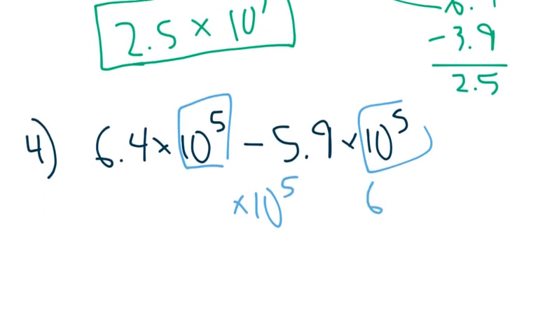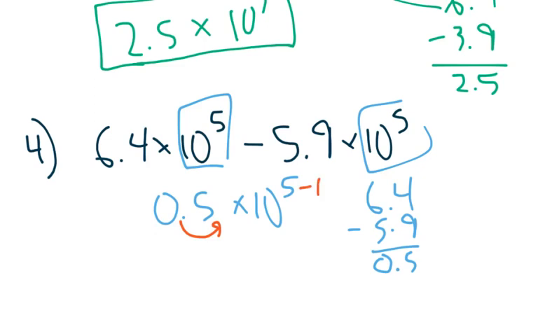Do some scratch work, 6.4 minus 5.9, and what we're left with is 0.5. Uh-oh, that's not in scientific notation. So what we have to do is bump this over to the right one spot, and if we've bumped it over to the right, that means we are going to subtract 1 from our exponent, because LARS. We go right, we subtract. And so our final answer is 5.0 times 10 to the 4th.